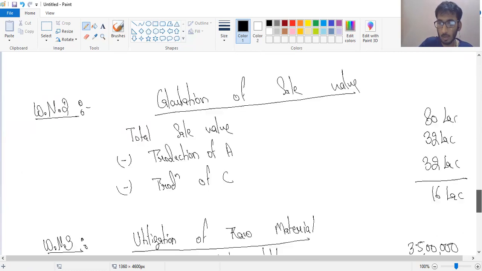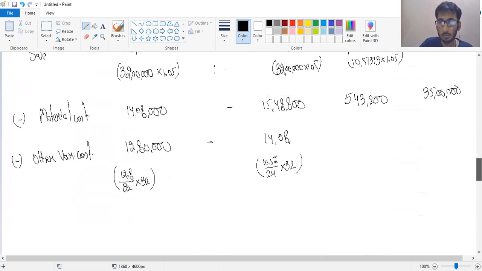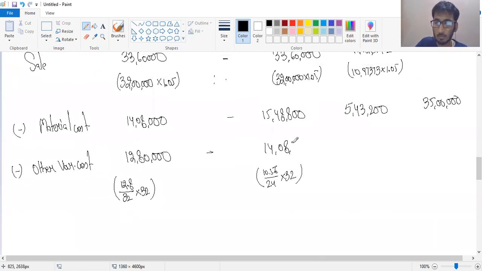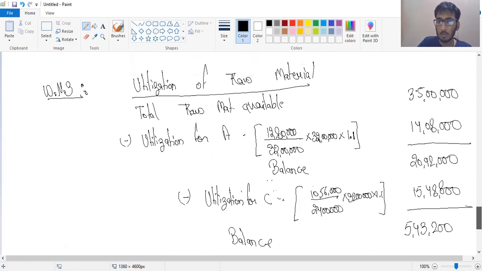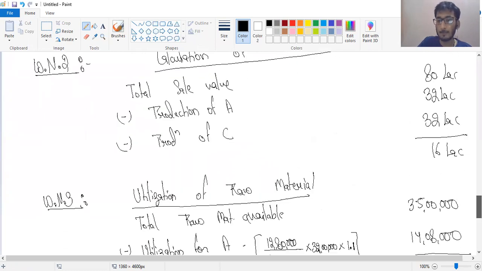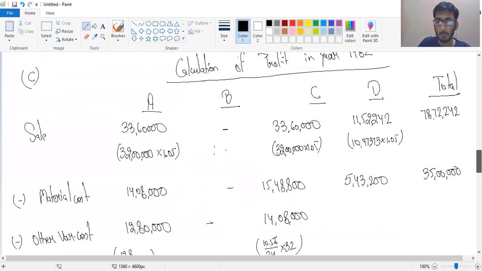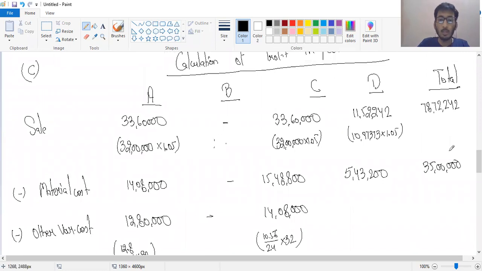We have calculated it here as well, 1408, which is without inflation material.